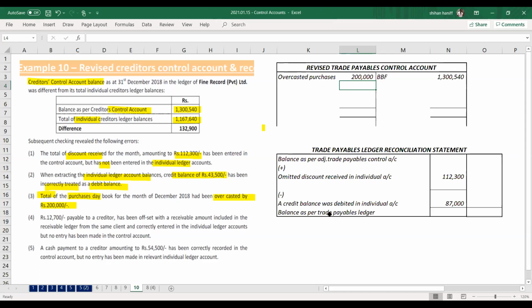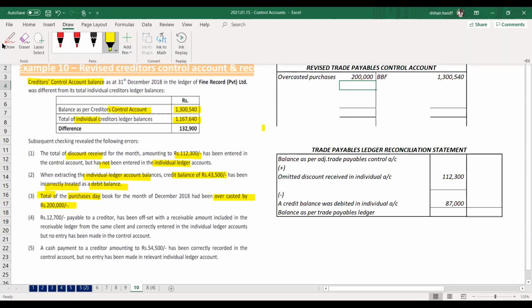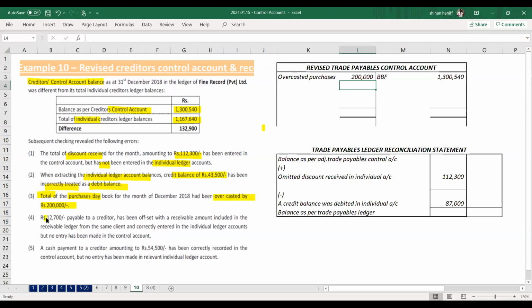Right. Next, 12,700 payable to a creditor has been set off with a receivable amount included in the receivable ledger from the same client and correctly entered in the individual account, but no entry in the control account.